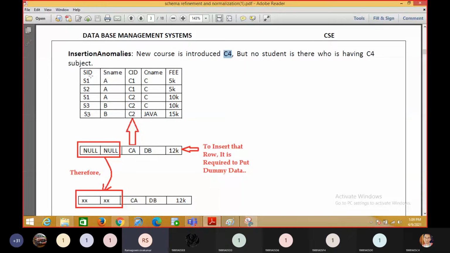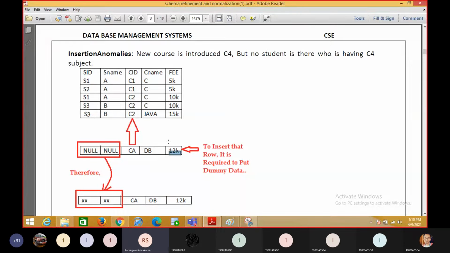So we have a table here: SID, SNAME, CID, CNAME, CP. We are trying to insert a new course here, C2. The course ID is given, the course name is database, and the fee is 12k. This data we are inserting.